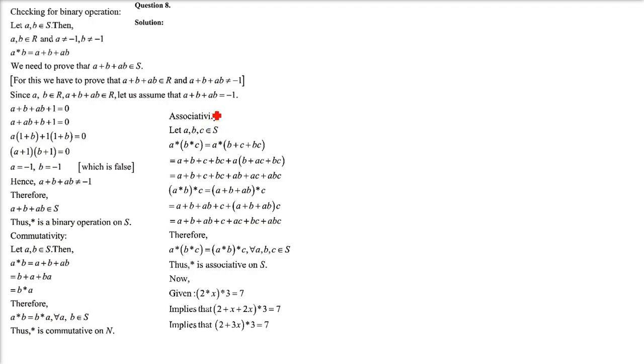Let S be the set of all real numbers except -1, so -1 is not there, and star be an operation defined by A star B equals A plus B plus AB for all A, B belong to S. Determine whether star is a binary operation on S. If yes, check its commutativity and associativity. Also solve the equation 2 star x star 3 equals 7.